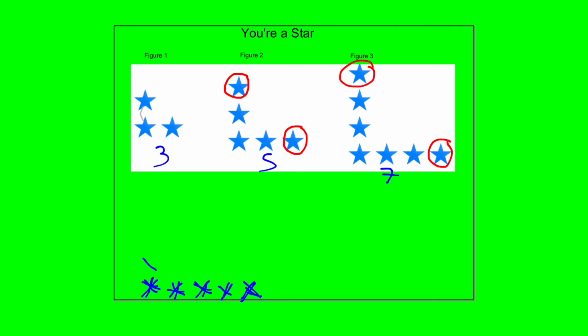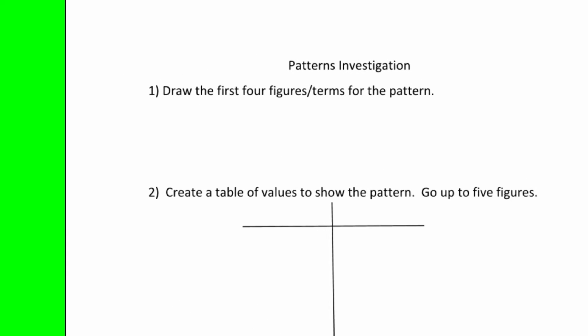And then this one, 1, 2, 3, but I have to add 1 more on the top. So you can see for this one there's 3, 5, 7, 9, right? So in the 4th pattern there are 9 stars. So the kids had to start off drawing that.